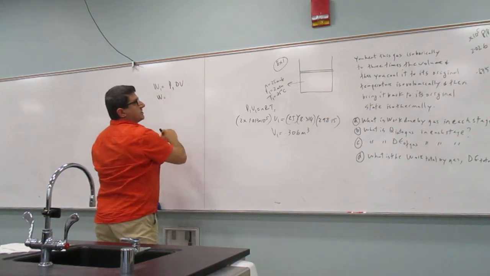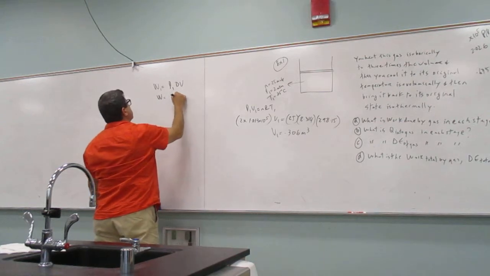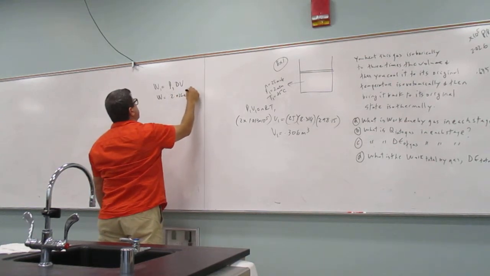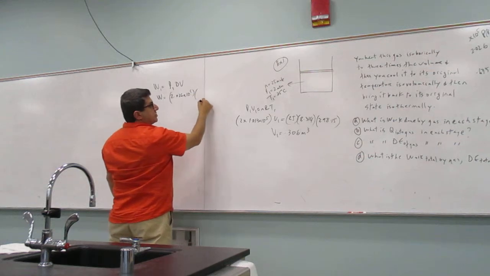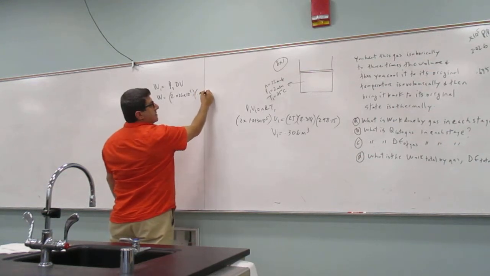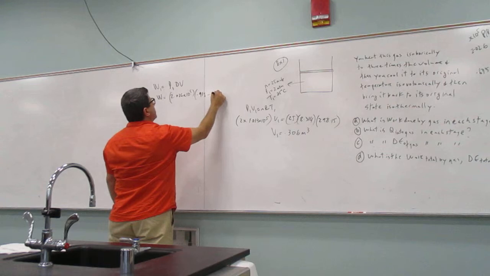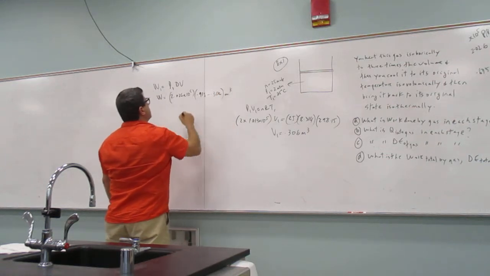So P1 is going to be 2.026 times 10 to the fifth. The change in volume is 0.918 minus 0.306 meter cubed.